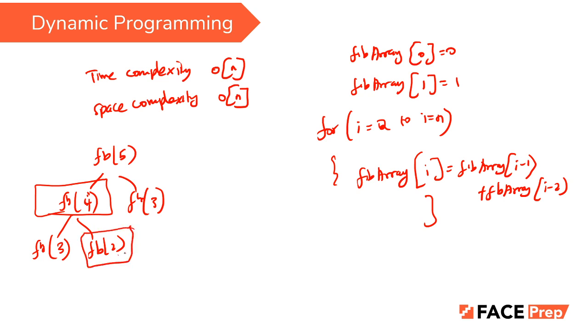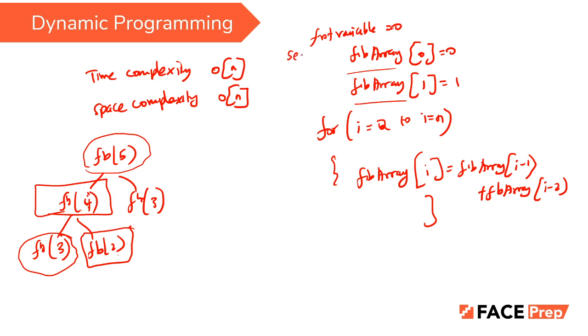Fib of 2 is no longer needed, because I can calculate fib of 5 with just fib of 4 and fib of 3. So instead of having an array, you can just have two variables: first variable equal to 0 and second variable equal to 1. Instead of having these arrays, you can optimize even more for space.